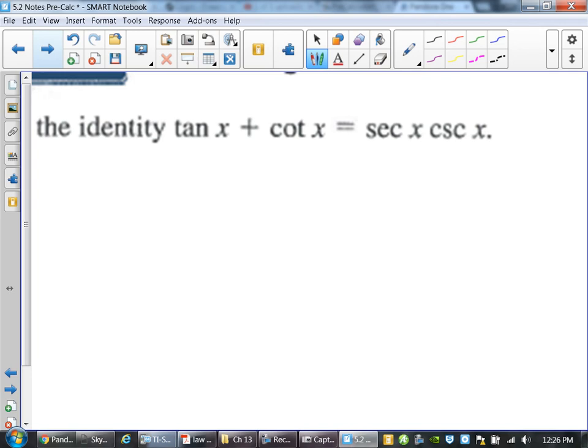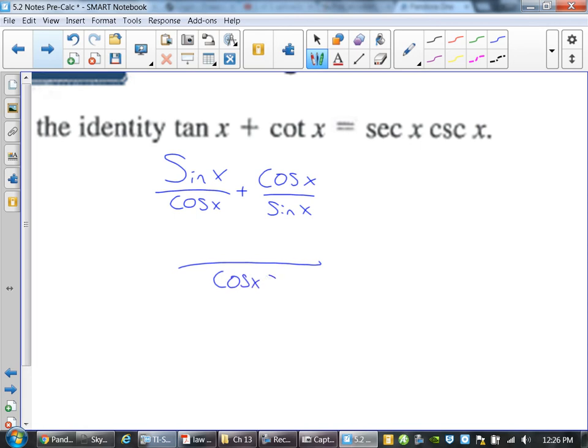Very good. So when you start that, you have sine over cosine. In order to add fractions, you have to have a common denominator. So here, what's going to be the common denominator between a sine and a cosine? Sine and cosine. So I'm going to multiply them together. So I get a cosine and a sine.